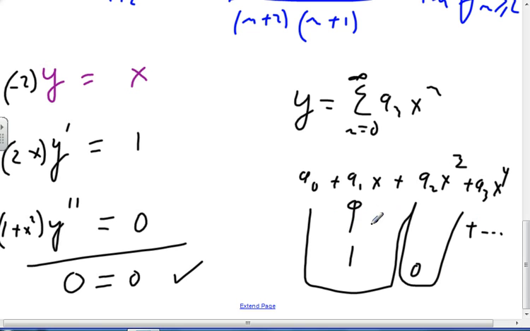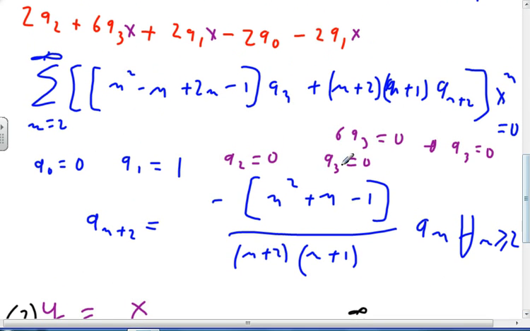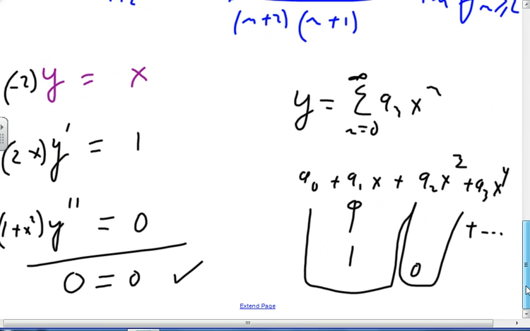Okay, how do you know everything after that is 0? Well, it has to be, because if a2 is 0 and a3 is 0, then this is a recurring formula, so a4 has to be something times a2, which is 0, and a5 has to be something times a3, which is 0, so everything's going to be 0, and the right answer is y is equal to x. Thank you, Andy, for telling me that, so that I didn't goof off not recognizing I had the right answer already and I should quit.